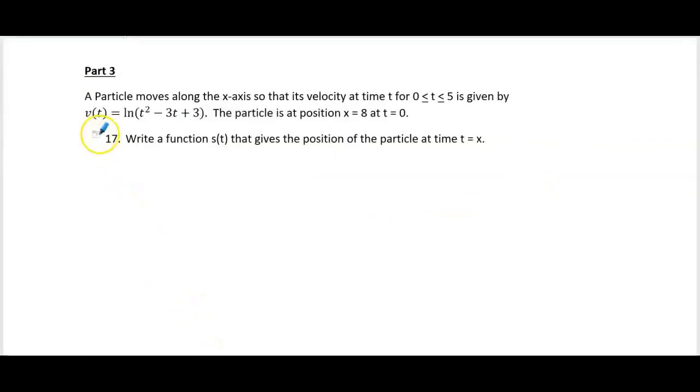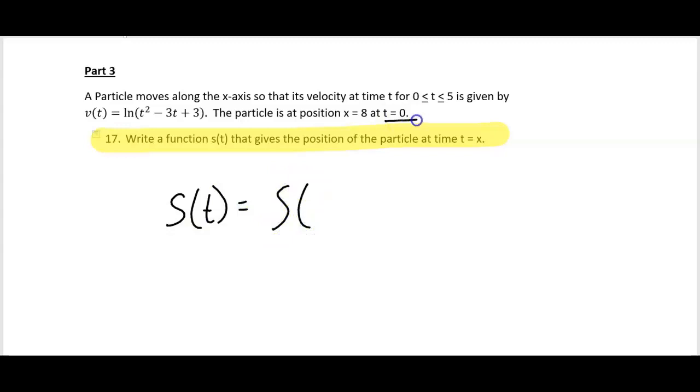All right, question number 17. Write a function that gives the position of this particle at time x. Well, the position function of a moving particle can be found by taking its starting position, and it's starting at t equals 0, and adding that to its displacement from that starting time to the ending time of interest, which in this case is t, where we integrate the velocity on that time interval, thus giving us the displacement.